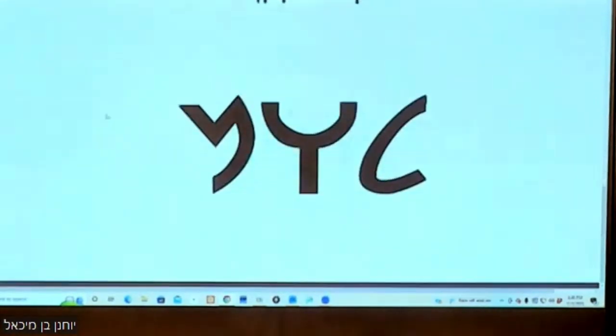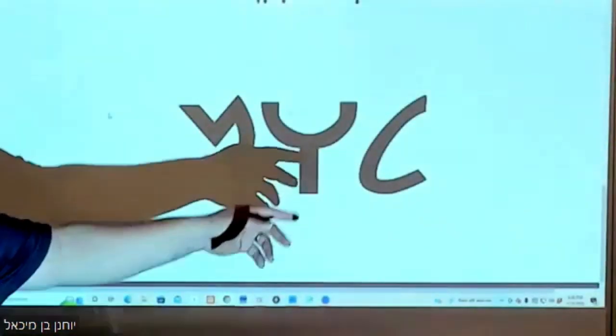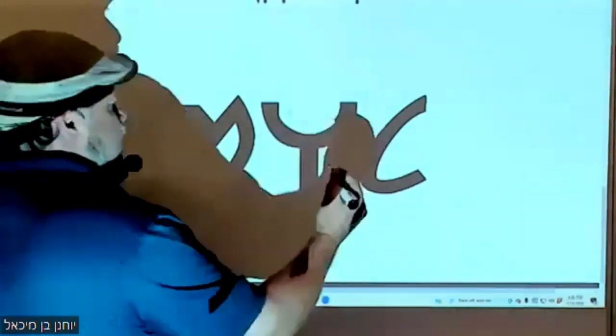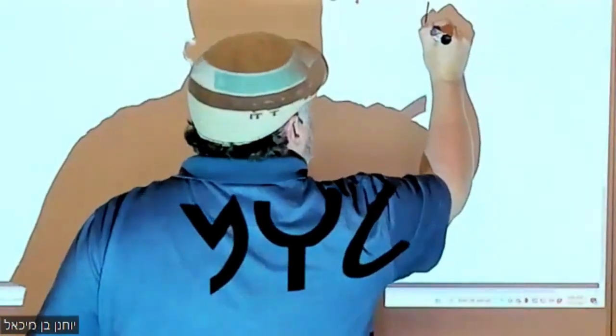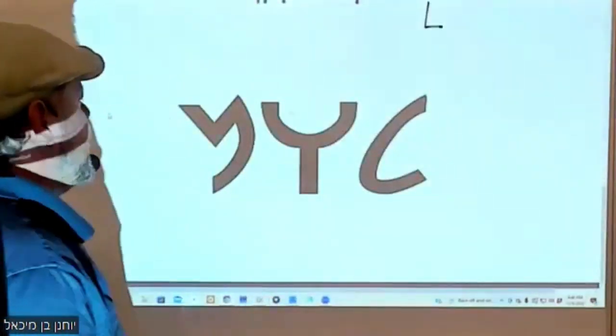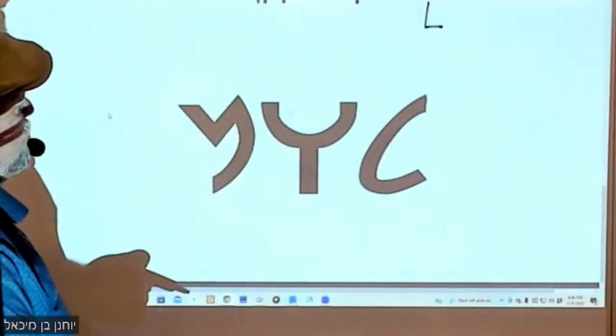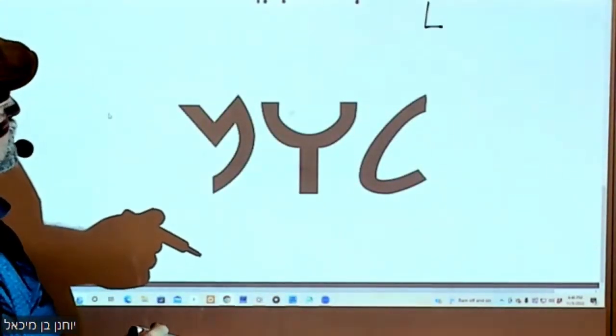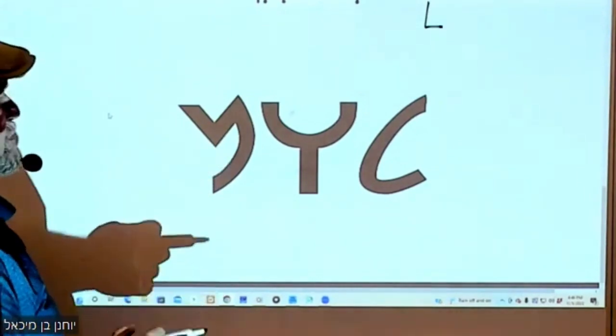So we'll move on to our paleo word here. Okay, so here is our paleo word. Kind of silly looking. All right, so what's our first letter? We have a lamed, right? We have a lamed. What's our next letter here? No, that's a wa. Okay?